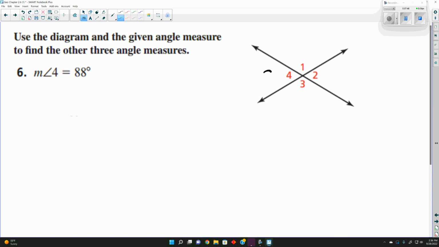Angle 4 is 88 degrees. We want to find the measure of angle 1, angle 2, and angle 3.